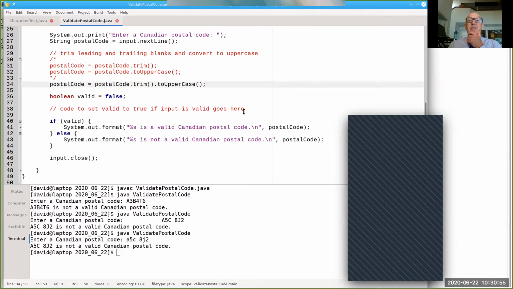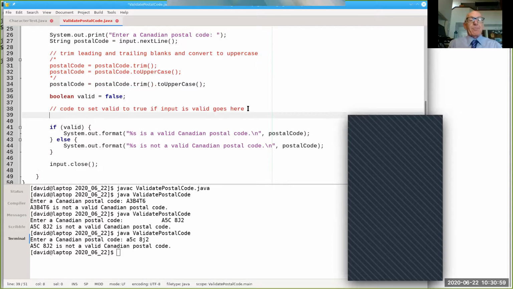Okay, the next thing I need to do is extract all the characters that I'm going to need. I'm going to say letter 1 is going to be postal code dot character at 0. Oh, whoa.